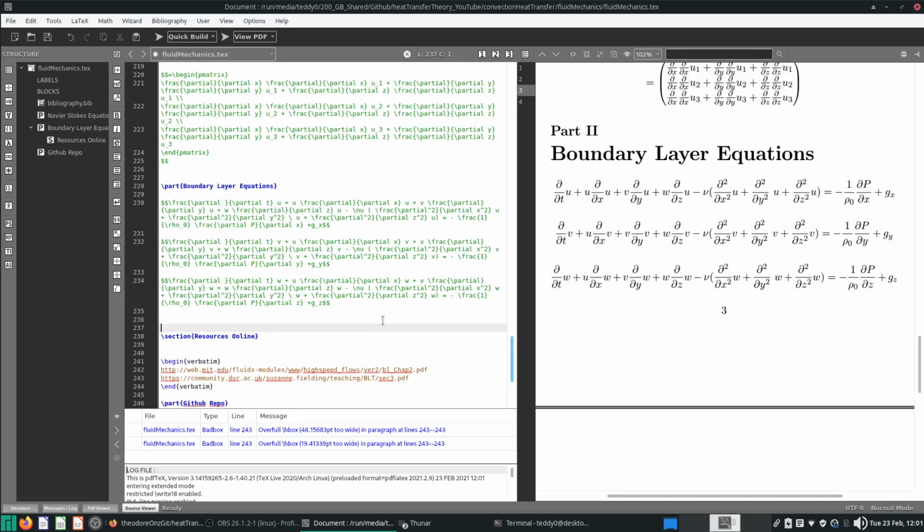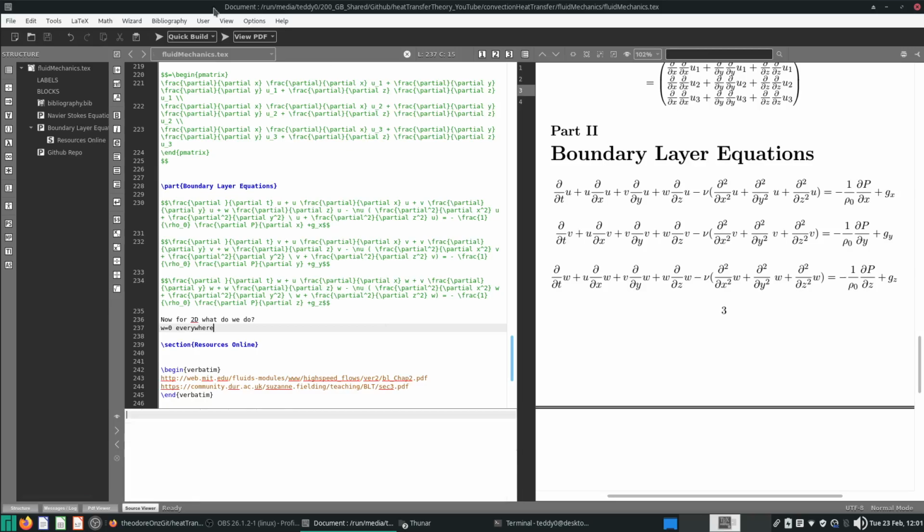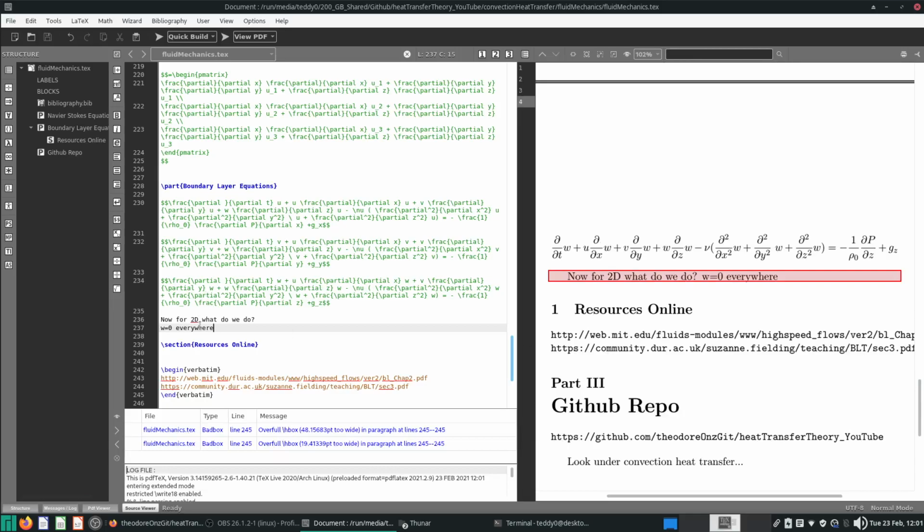Okay, now for 2D, what do we do? Okay, w equals to 0 everywhere. That's the simplifying assumption that we are making on the 2D boundary layer equations.